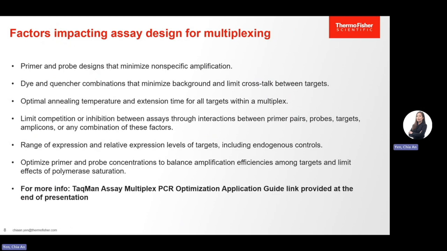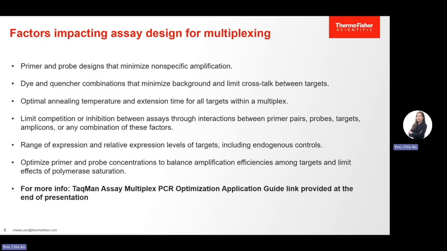We've also touched on the importance of pairing dyes that are brighter or dimmer with targets that are lower or higher expressed. Another aspect of this is you can also vary the amount of primer and probe in your assays depending on the expression level of your different targets. And finally, let's not forget the efficiency of qPCR reactions.